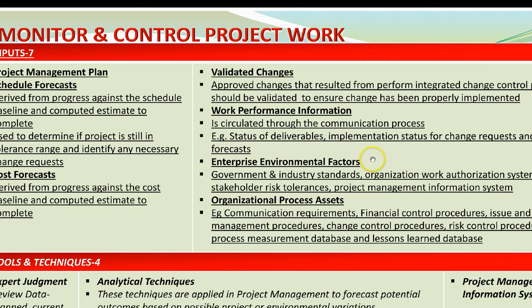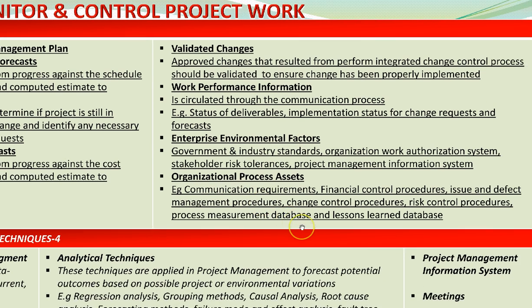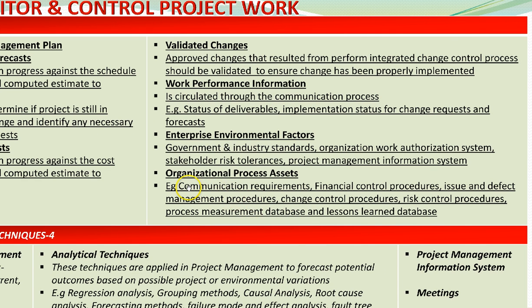The other last 2 inputs are enterprise environmental factors and organizational process assets with respect to monitoring and controlling the project work. So the organizational process assets are communications requirements. It shows how we are going to communicate with the client, with the stakeholders, with the team. Then financial control procedures, how we control the finances. How do we manage the issues and defects arising from this project?